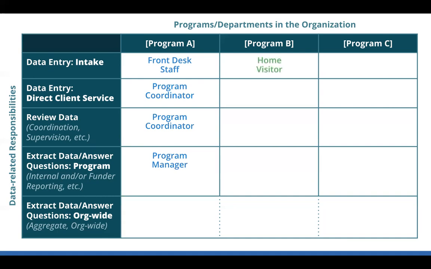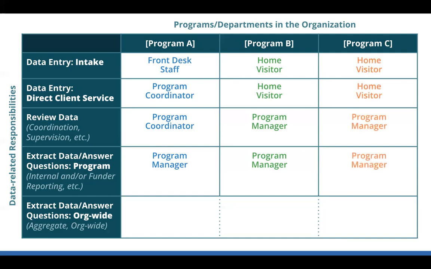In program B, the home visitor is responsible for all data entry, both intake and direct client service, whereas the program manager is going to be reviewing that data and then also doing the funder and internal reporting for program B. And at this org, program C is set up very similarly and mirrors program B. So now we've got most of the roles plotted except for executive director and grants manager.